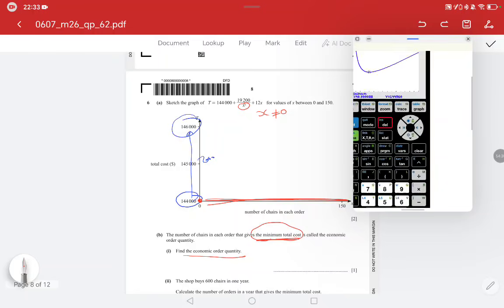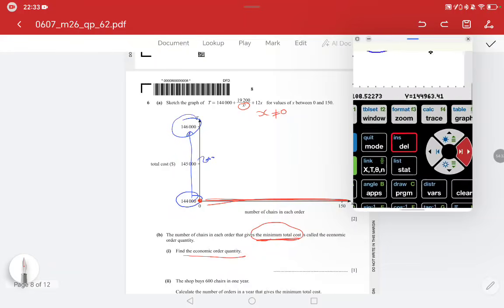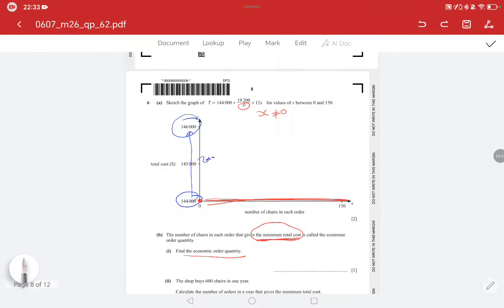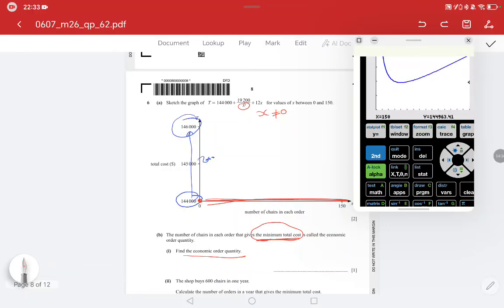I will zoom, maybe you can see it. It was here, like 40. I will do it again, no problem.